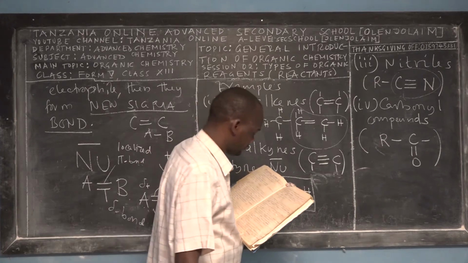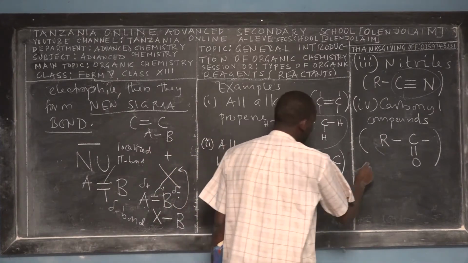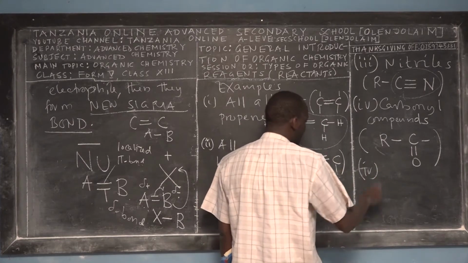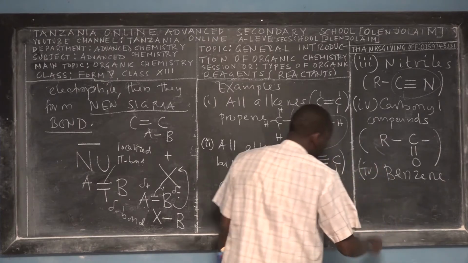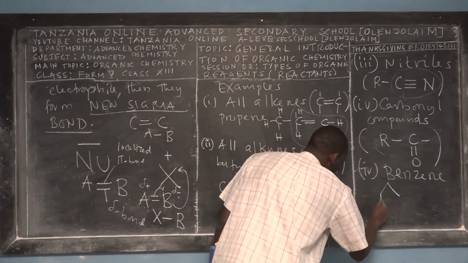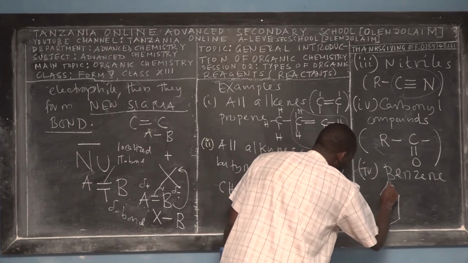Okay? And then the other one, which possibly you are familiar with from states of matter, is benzene. Special Kekule structure, right? So the functional group of benzene is the Kekule structure.